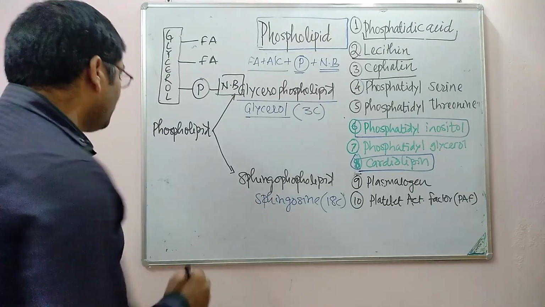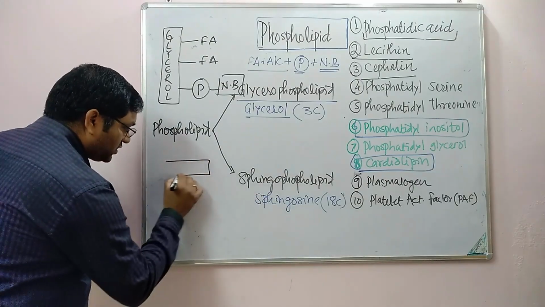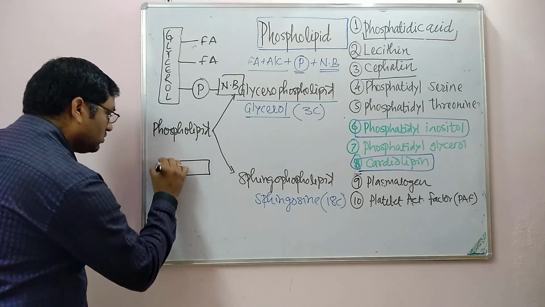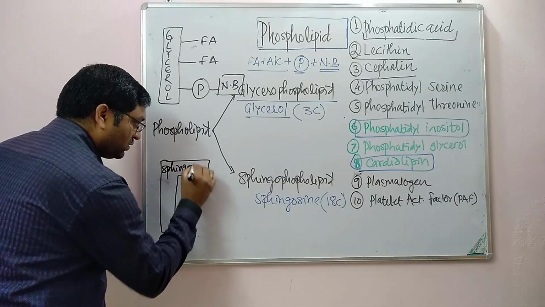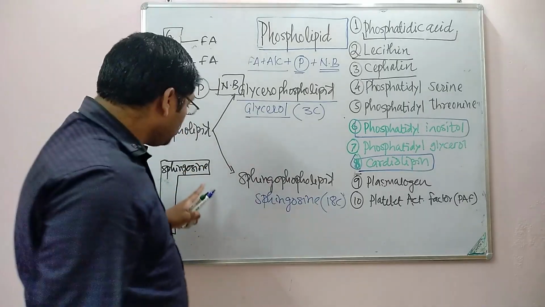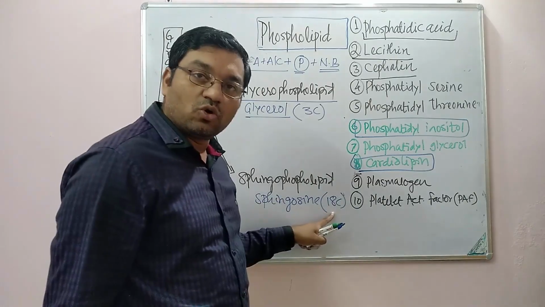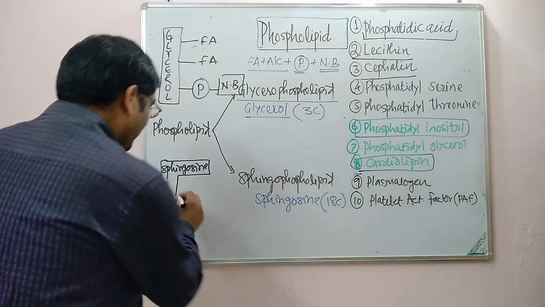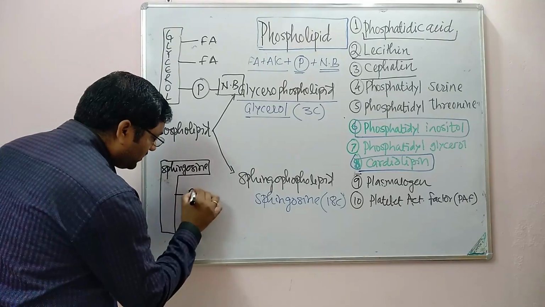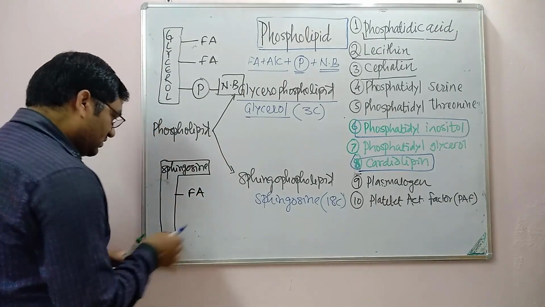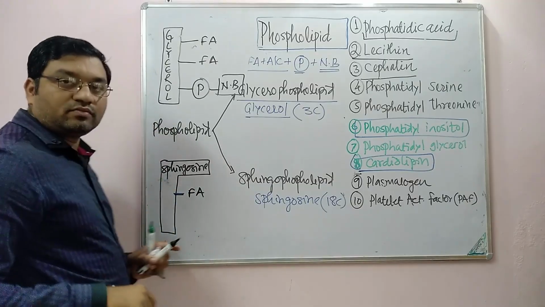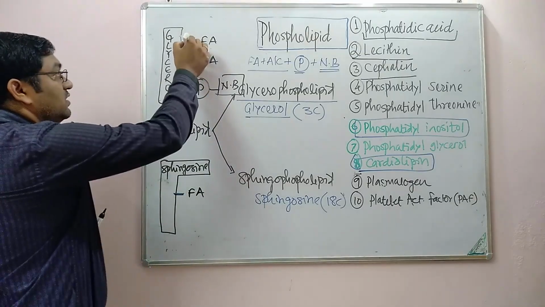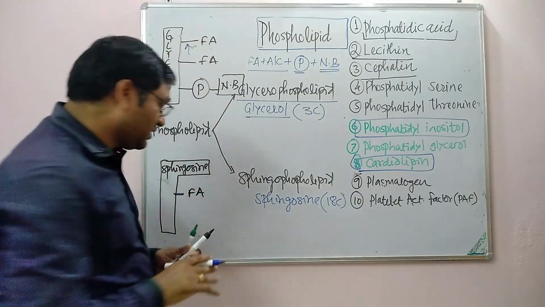In sphingophospholipid, sphingosine is an alcohol. This one is the amino alcohol and it is a long chain alcohol, sphingosine. The fatty acid is attached to the C1 and the linkage here is an amide linkage. And here the linkage is ester linkage.